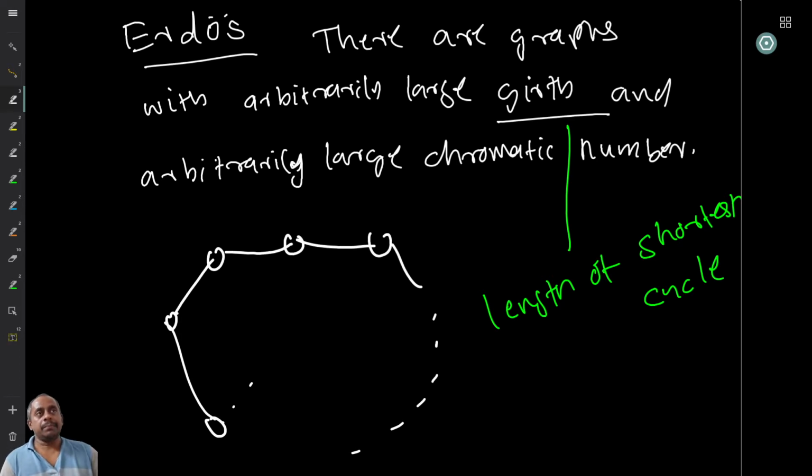So yeah, this is a very influential and famous result, and it has so many applications, like in existential graph theory, where you don't tell how to come up with a graph like this, but it tells you there must be some graphs with this property.